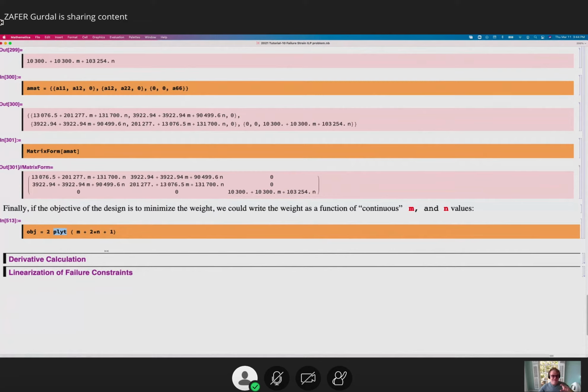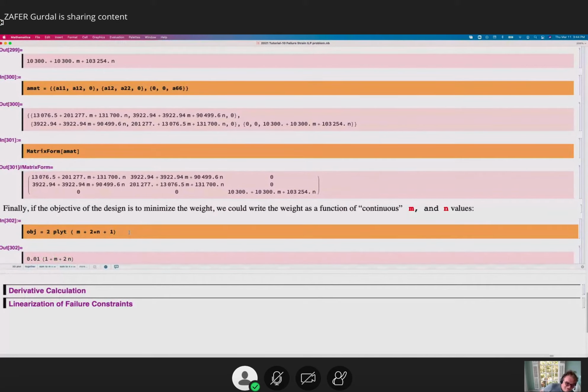It's minus or plus. And this is the thickness of 2 plies of 90-degree. And this is going to be my objective function. This is what I'm going to be trying to minimize, either with discrete values of m and n or continuous values of m and n. Okay?